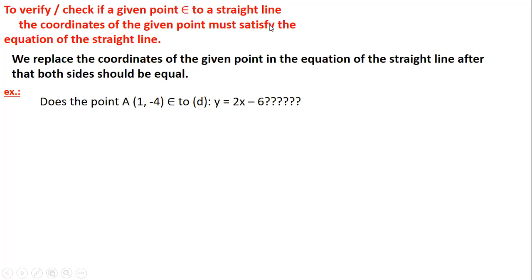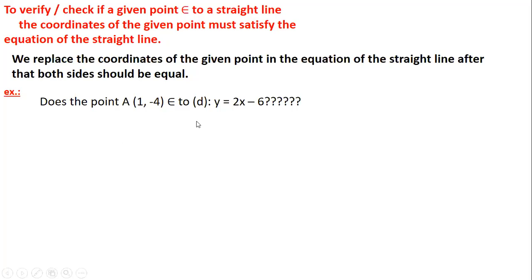What do I mean by satisfy? If I replace the coordinates of the point in the equation of the straight line, I should get two equal sides. Side 1 of the equation should be equal to side 2. So if we get two equal sides, then the point belongs to the straight line. If I didn't get two equal sides, then the point does not belong to the straight line.